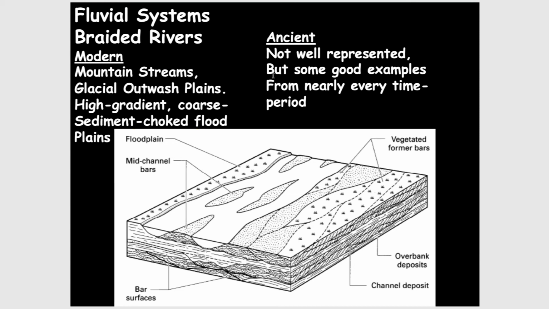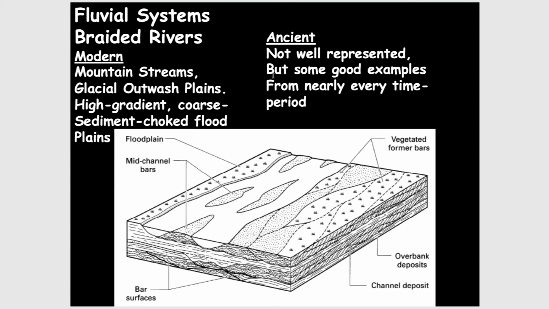So we have here a better cartoon that exemplifies the structure of a braided river system. You have to think of three major domains of sedimentation. One is the bottom of the sub-channels.